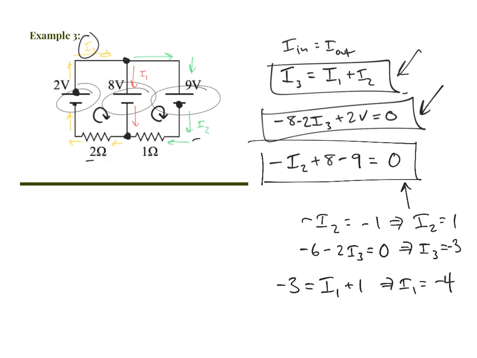To determine voltage across these resistors and also power, you'd use these currents combined with the resistance. The resistor with 2 ohms has current of I3, so it'd be 3 times 2, a voltage drop of 6. Do the same thing with the 1 ohm resistor: 1 times its current, which is 1, gives you a voltage drop of 1. From those things, you can figure out the power, etc.